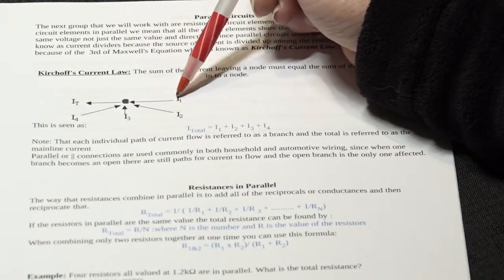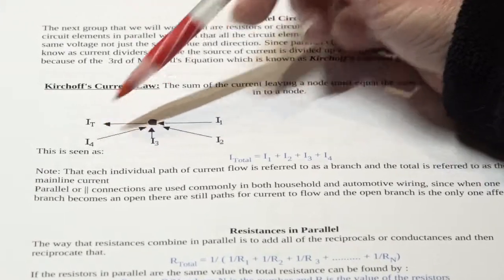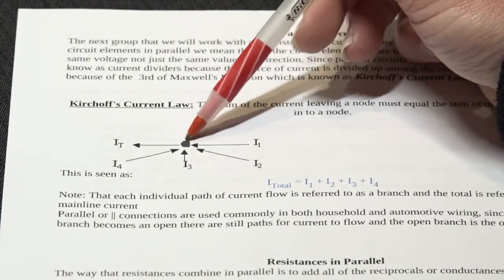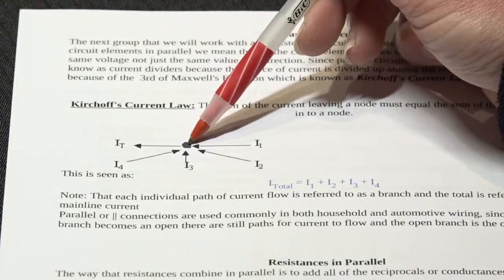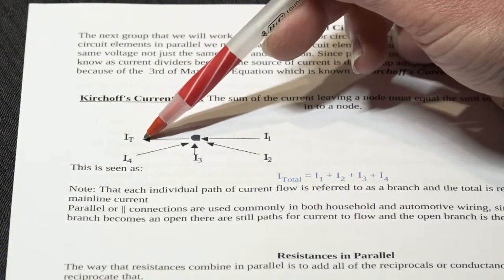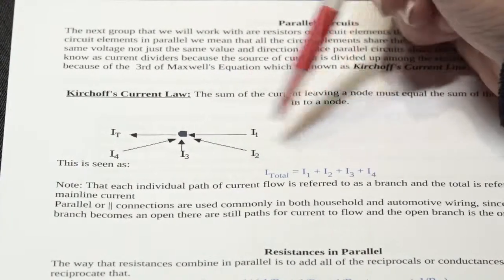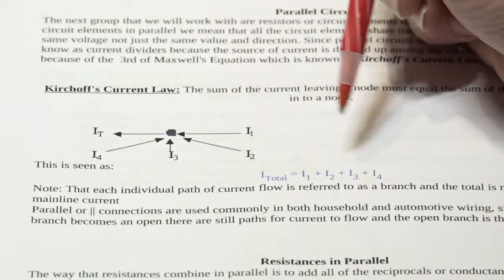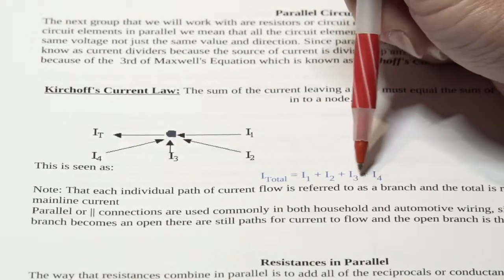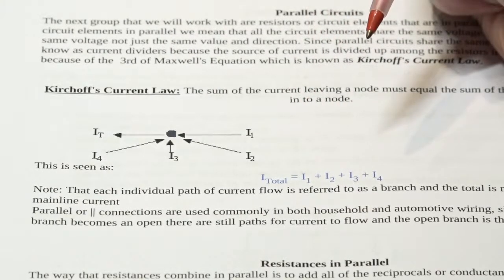So you note that I1, I2, I3, and I4 are all going into this point, and the total current is going out. Therefore, all of those have to sum up to 0, or some people like to say, just add up those going in, and they equal those going out.